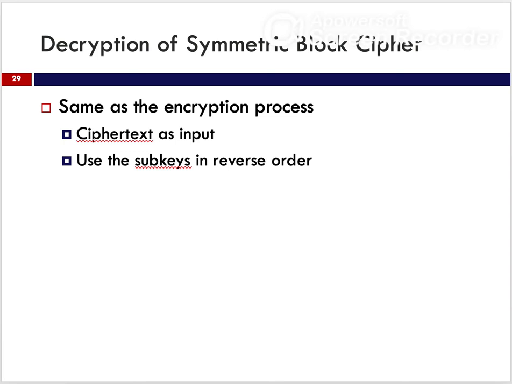During encryption, in round 1 we give subkey 1, in round 2 subkey 2, and so on, round n uses subkey n, but in decryption it will be opposite. In round 1 we will use subkey n. In round 2 we will use subkey n minus 1.